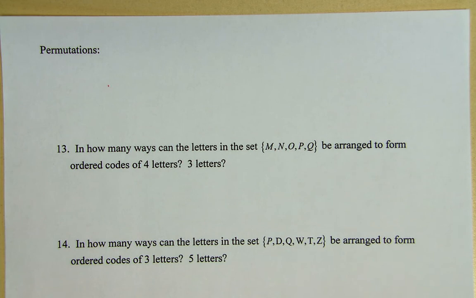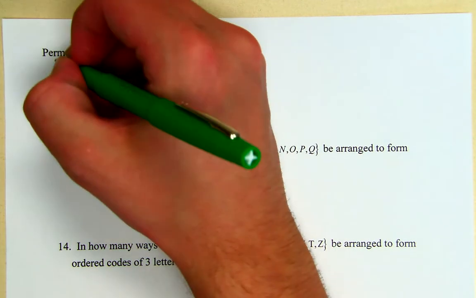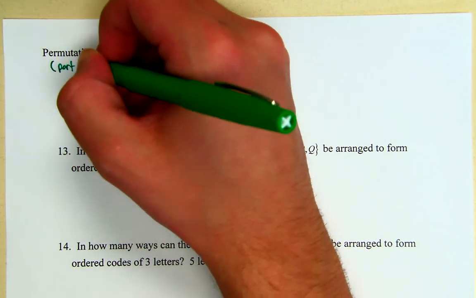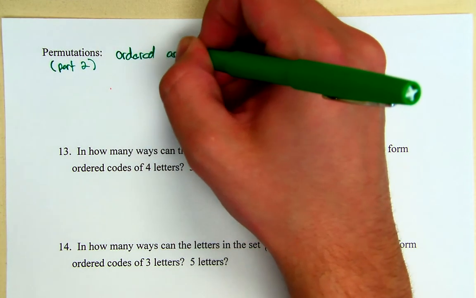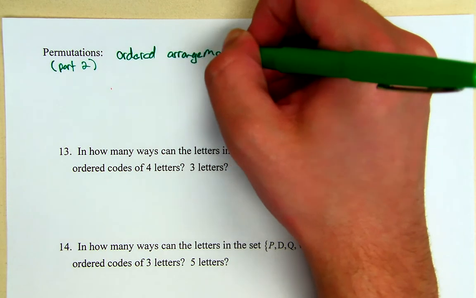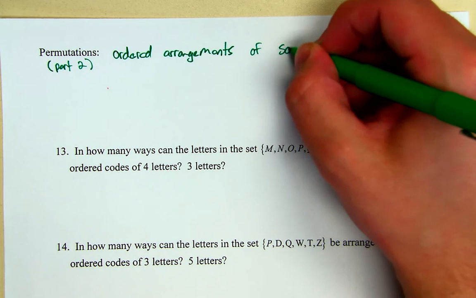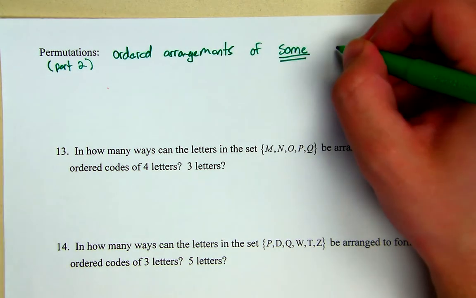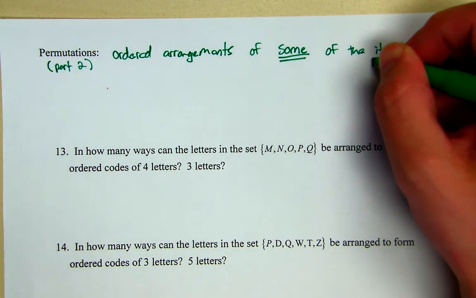So, basically, permutations number 2, part 2, is ordered arrangements of some of the items in a set.